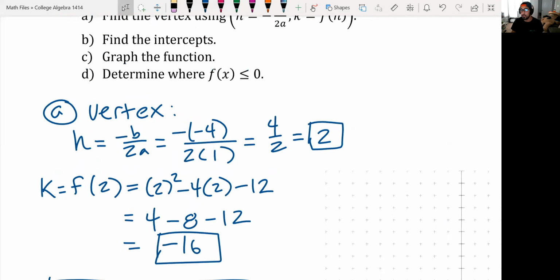So again, we get -1 times -4 over 2 times 1. 4 over 2, we get 2.